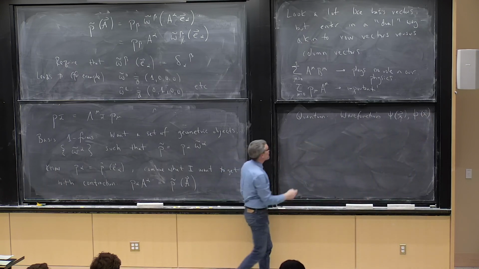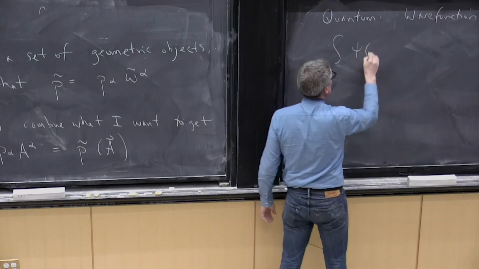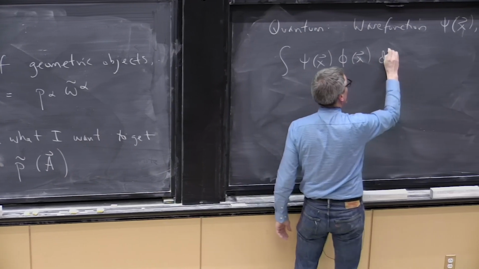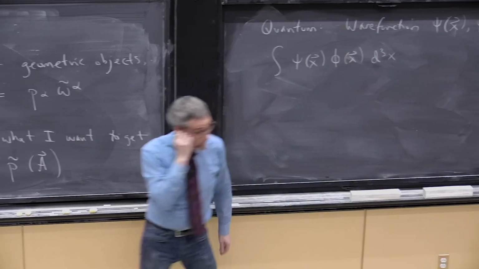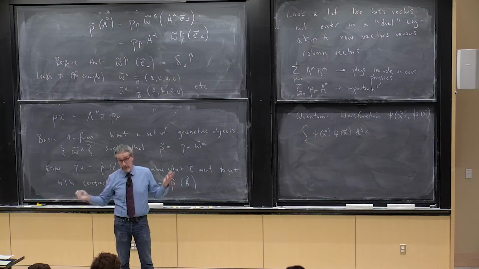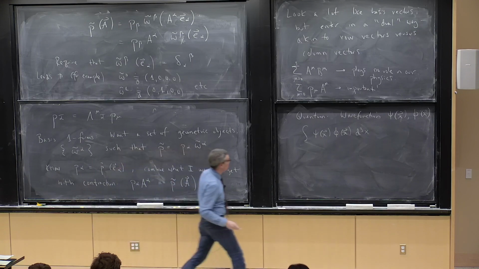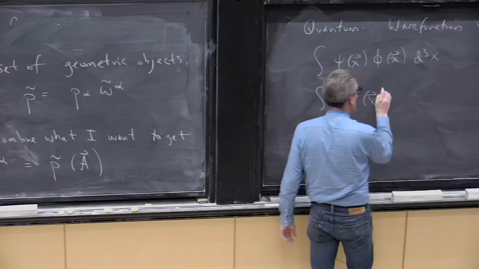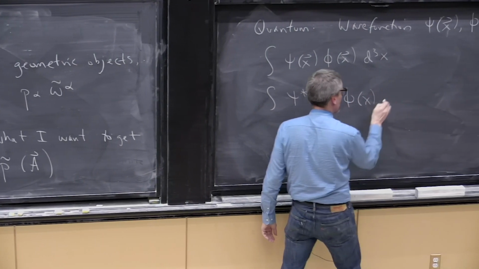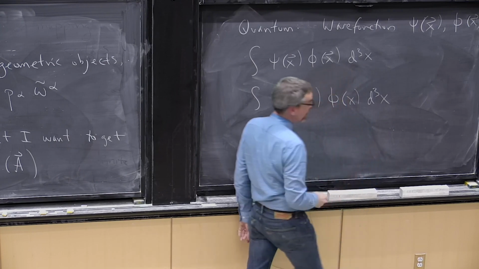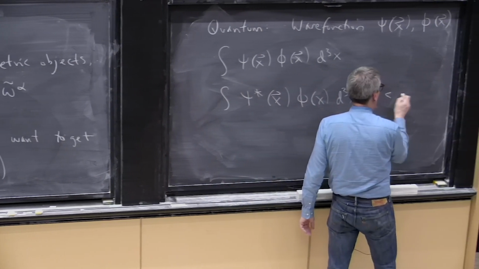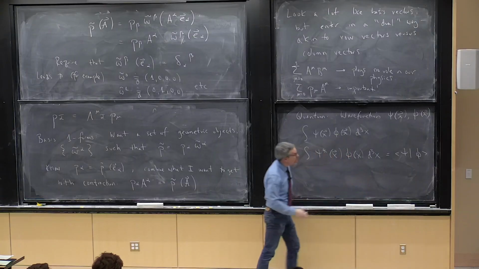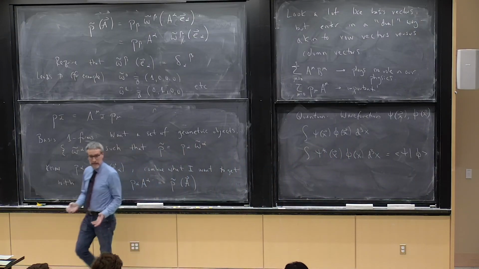If you wanted to, you could multiply them together and integrate over all space. I don't know what you would do with that, but you could. On the other hand, you could take the complex conjugate of one of them, multiply it by the other one, and integrate over all space. And in the notation that you learn about, this is, of course, just the inner product of wave function psi with wave function phi. Okay?